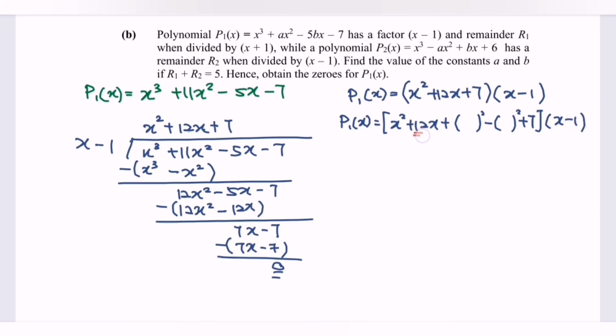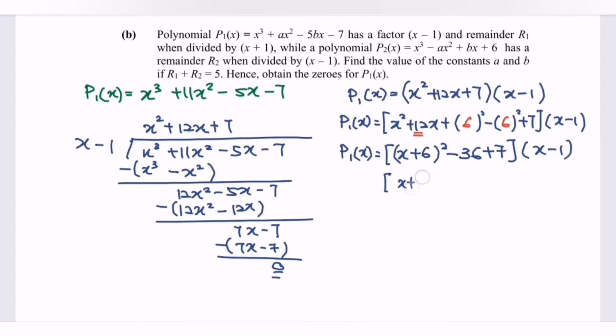Referring to this part, we have 12x, so we have 12 over 2, which equals 6. Same goes to this part. So simplify. p sub 1 x equals bracket x plus 6 bracket square minus 36 plus 7, multiplied by x minus 1. If we simplify, we will have bracket x plus 6 squared minus 36 plus 7, so we will have negative 29, multiplied by x minus 1.